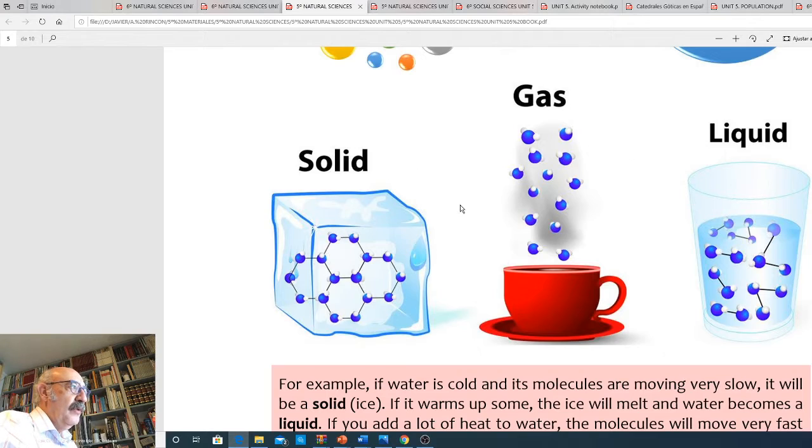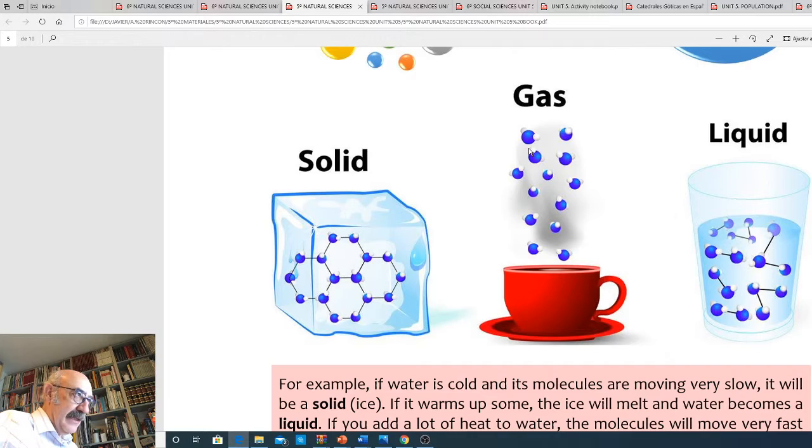The only thing you have to do is to give it more heat, and you can change solid into liquid. You continue to warm up, to heat up this liquid. You can get this liquid to turn into a gas because of the movement of the particles in gas.